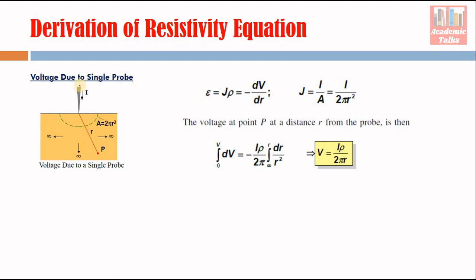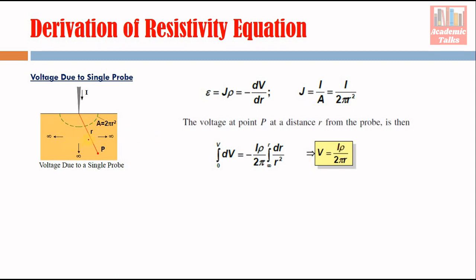So it depends on the current going inside the material. It also depends on the resistivity of the material, and it is inversely proportional to r. This means as we go away from this probe, the potential will keep on decreasing. But if we increase the current, the potential will keep on increasing, and it is also directly proportional to rho.